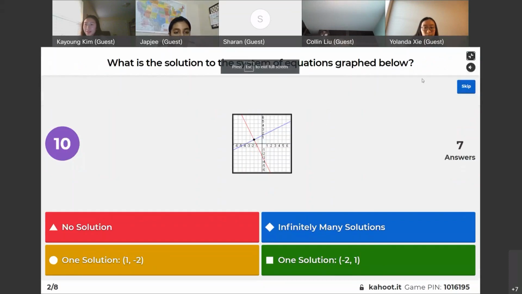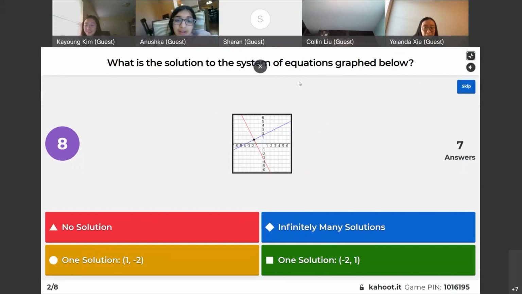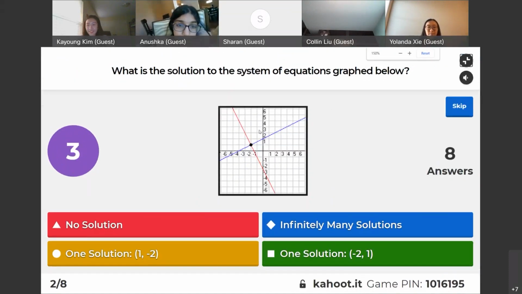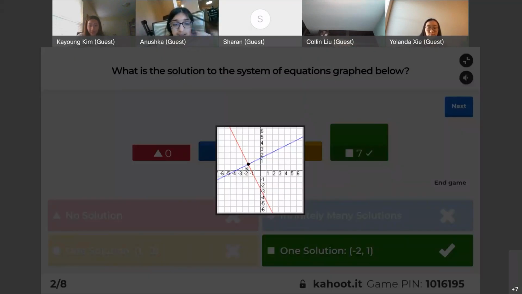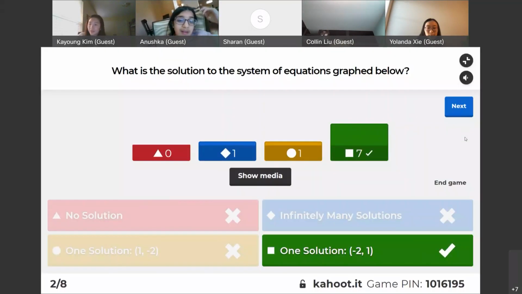Does this help at all? It helps. Okay. Oh, okay, there you go. Yay! Okay, you guys are right. It's almost the same thing. Negative 2, 1 is our only solution.